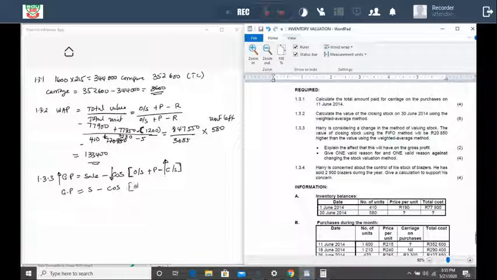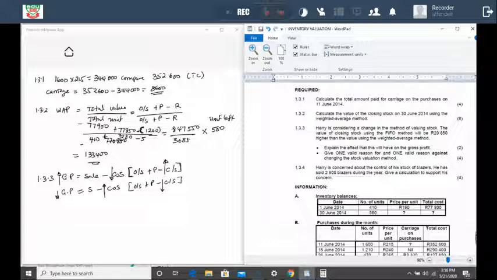So if gross profit equals sales minus cost of sales, we see that again we apply here. If closing stock goes down, the value of cost of sales increases, which means this will automatically decrease our gross profit. So you see that an increase in the value of the closing stock also increases the gross profit.